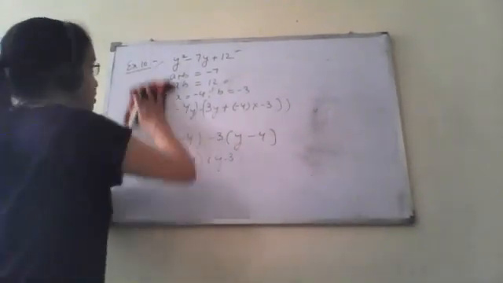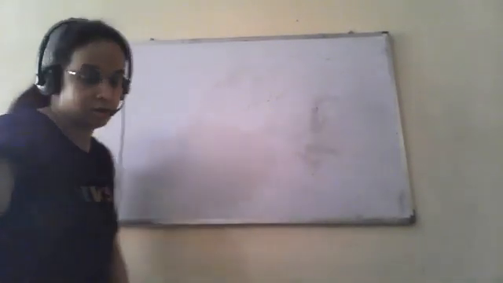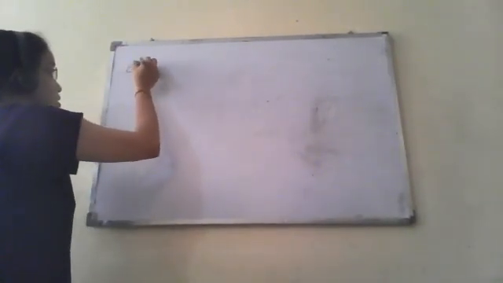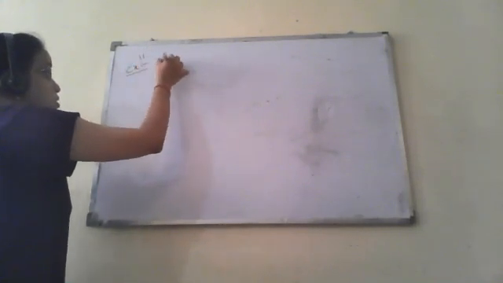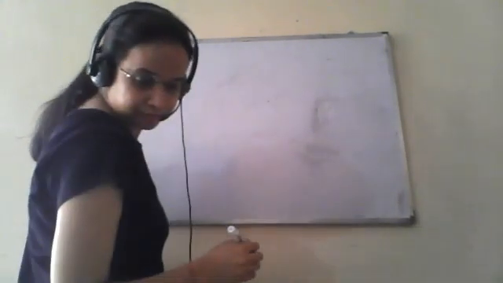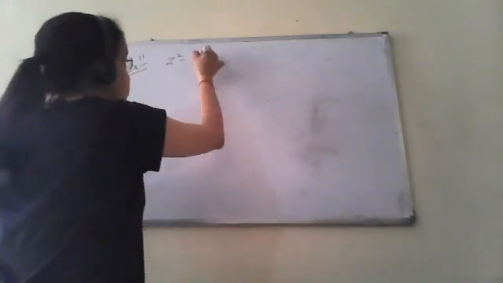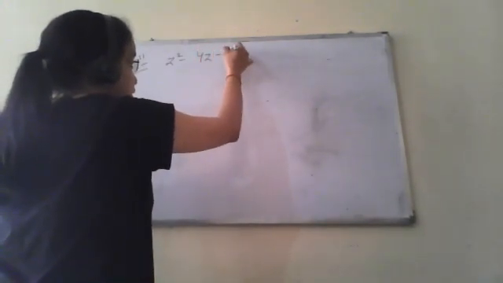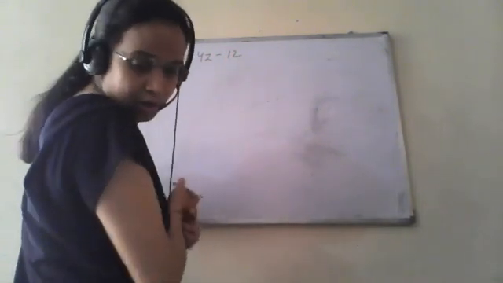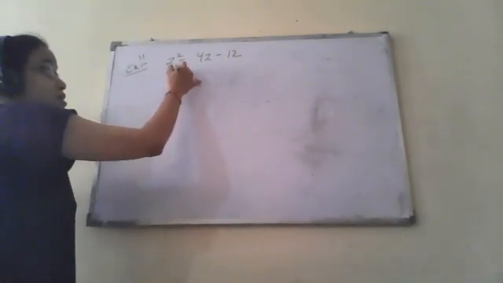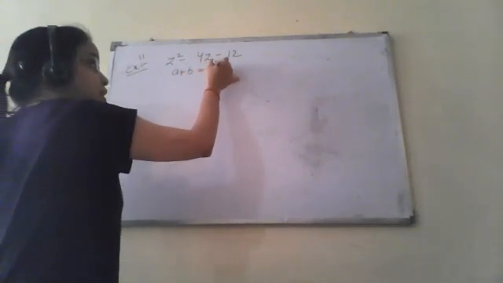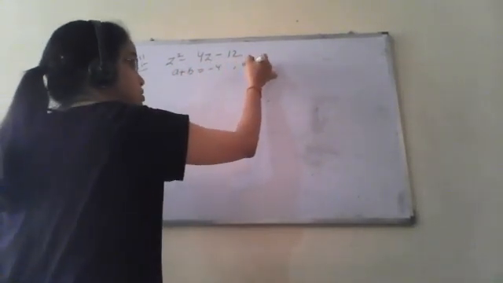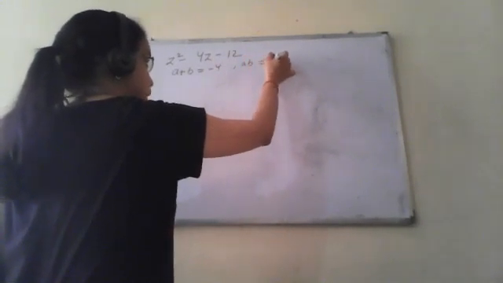One more example, example 11: z square minus 4z minus 12. In this case, a plus b is a negative number and ab is also negative, minus 12.